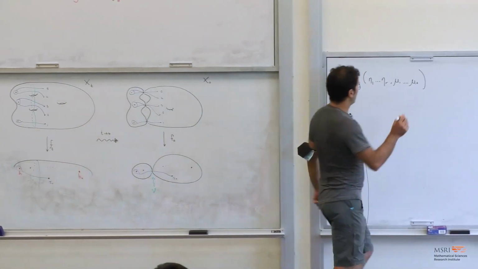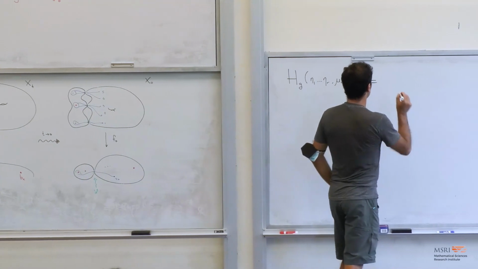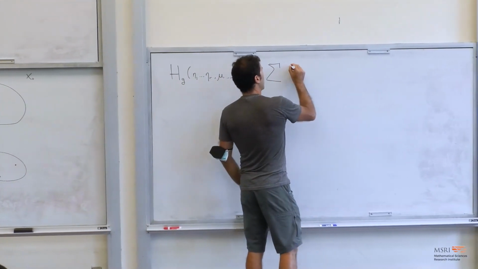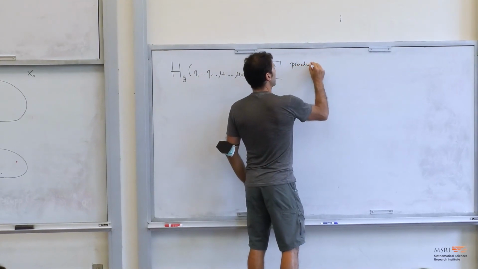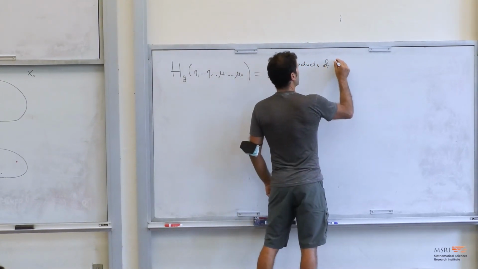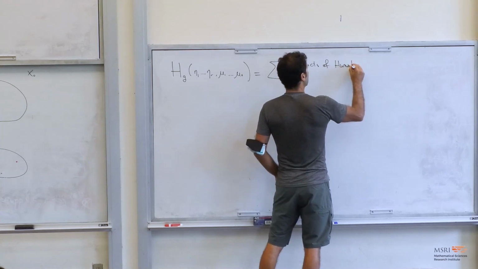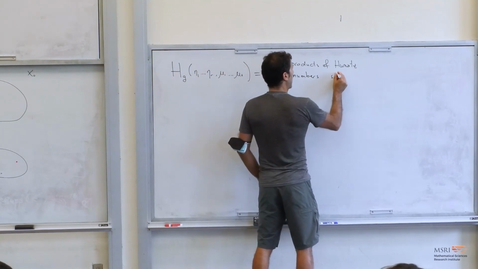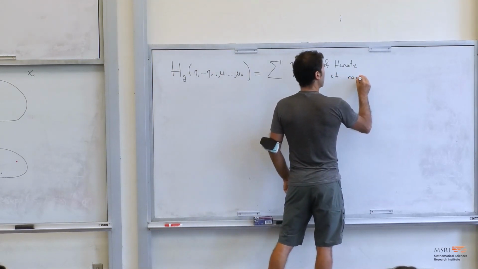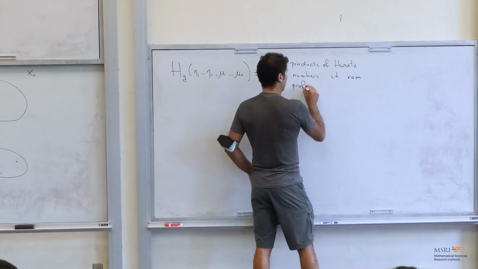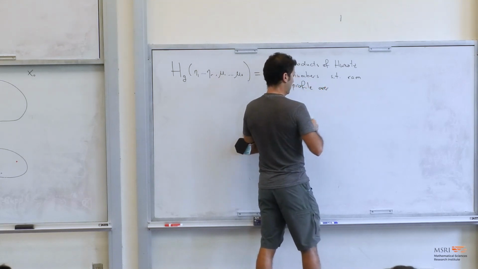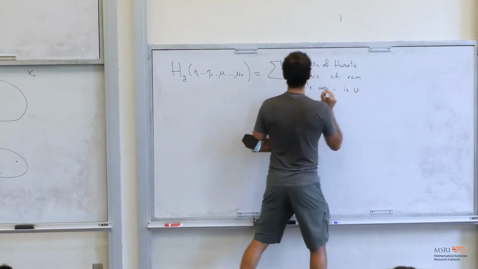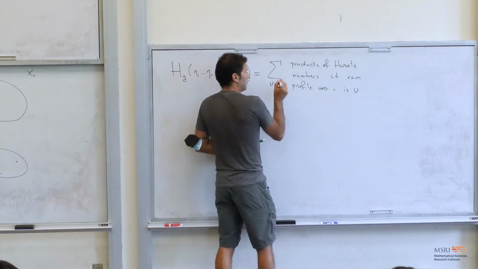And I'm going to first write this down as a sum of products of Hurwitz numbers such that the ramification profile over the green point is eta, and I'm going to sum over all possible etas.